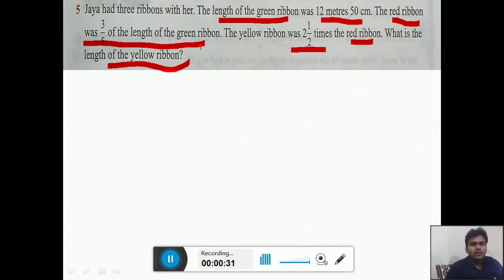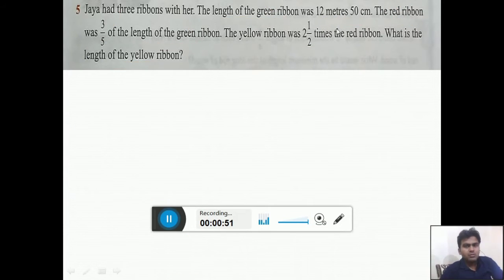Now we have been given the length of the green ribbon here. What is the statement here? The red ribbon was 3/5 of the length of the green ribbon. So we can find the length of the red ribbon by multiplying 3/5 with the length of the green ribbon.